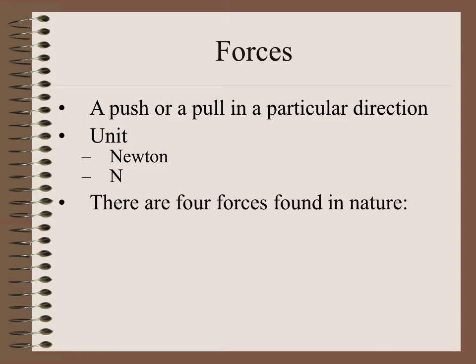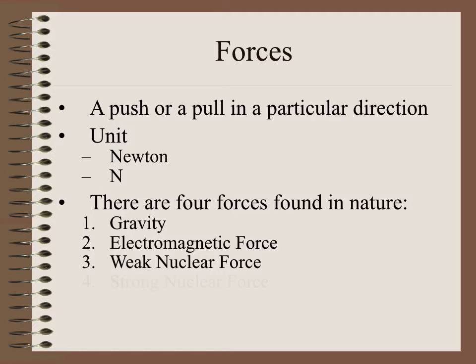There are 4 forces which are found naturally in our universe. From weakest to strongest, they are gravity, the electromagnetic force, and what we call the weak and strong nuclear forces. Let's take a look at each of these in a little bit more detail.